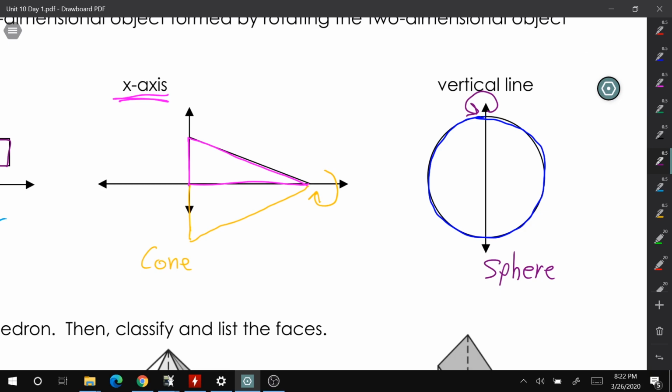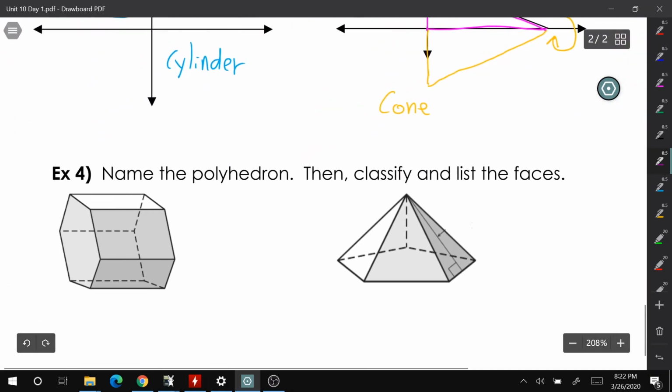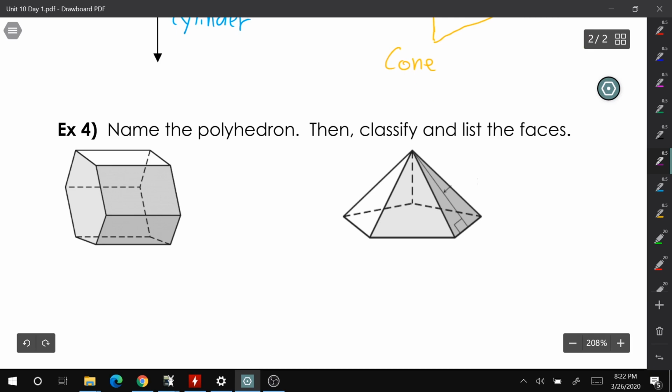All right, the last example. So we're going to name the polyhedron again, and then classify and list the faces. So these are a little bit different than the ones on the previous page. The bases here, especially in this example, are not on the top and bottom. The bases are on the sides.